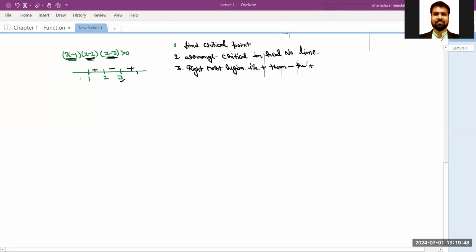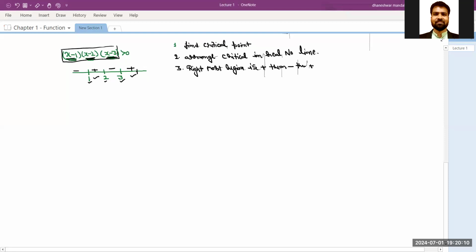Okay. Is this clear? So we have 3 critical points: 1, 2, and 3. From these 3 critical points, we have plus sign, then minus, then plus, and again minus sign. Now because this expression is greater than 0, I have to take the positive region. Why positive region?